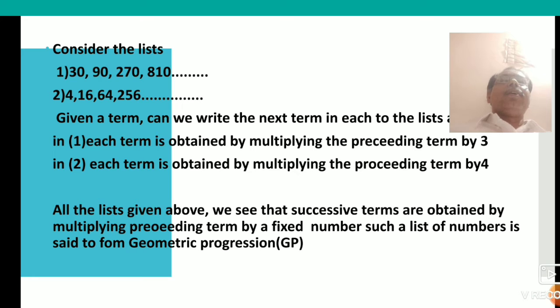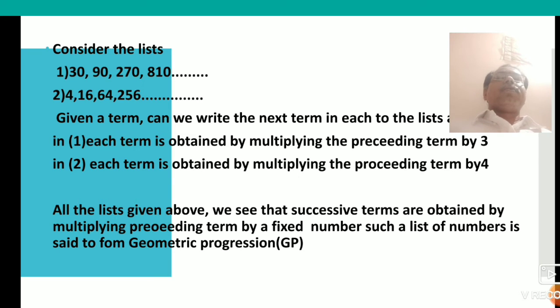Whereas here, to get the successive terms, we are multiplying a fixed number to the preceding term. So a slight difference is there. In arithmetic progression, we should add or subtract. Here we should multiply, or otherwise divide. You can learn that later. For now, just think of it only as multiplication.